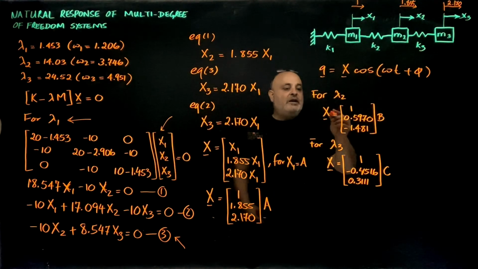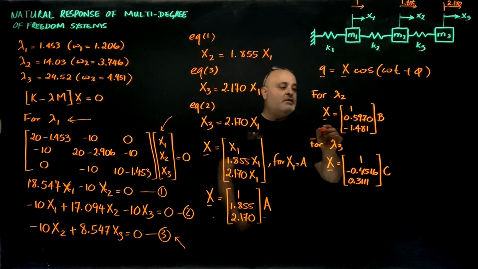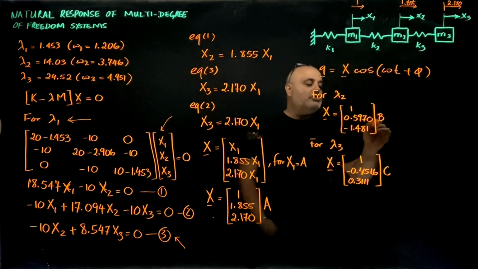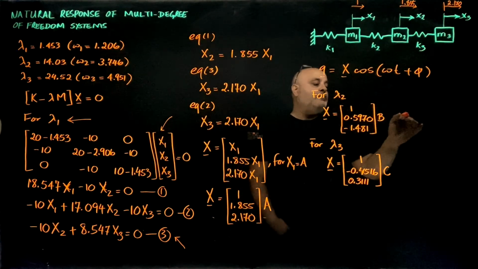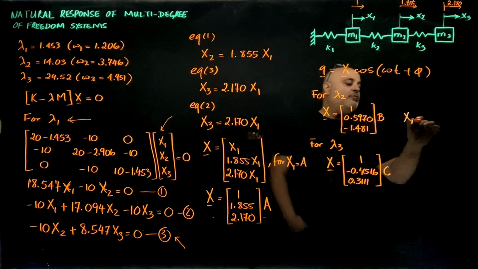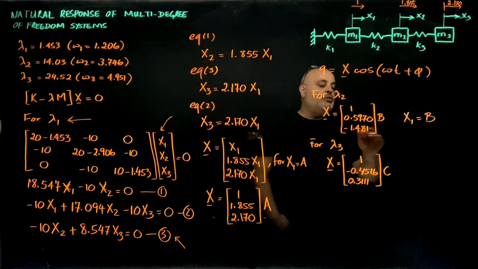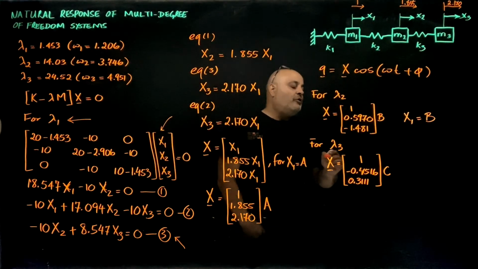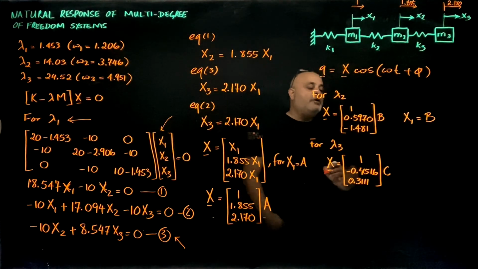So for lambda 2, solving for the x vector, I'll get this solution, assuming that x1 has any random value of b, then the solution will be a function of x1: 1, 0.590, and negative 1.481.